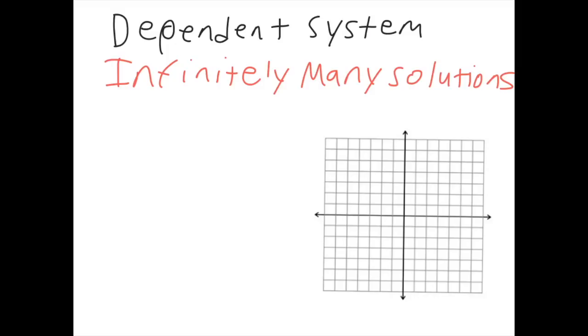And the way that we can tell that it's a dependent system is that both equations have the same slope and the same y-intercept.